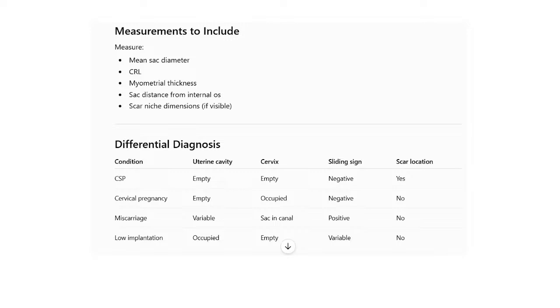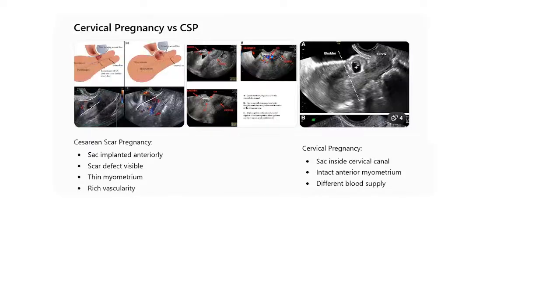So the low implantation: the sac is within the uterine cavity, the cervix is empty, the sliding sign is variable, and the scar location, no, it's not within the scar itself. So cervical ectopic pregnancy versus cesarean scar ectopic pregnancy are some of the things that can be confusing.